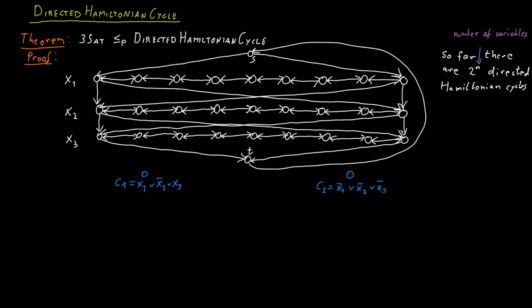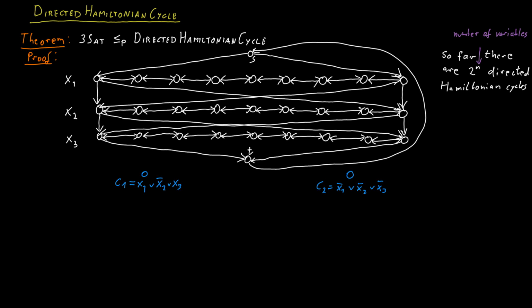And now we connect these extra vertices in a very specific way to the remaining graph. In particular, we allow you to visit that vertex in your directed Hamiltonian cycle if and only if you happen to traverse the correct line in the correct direction.